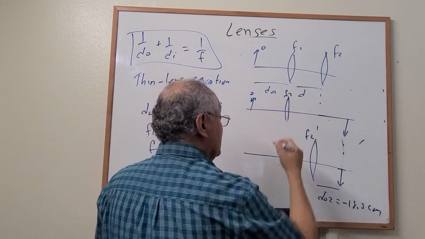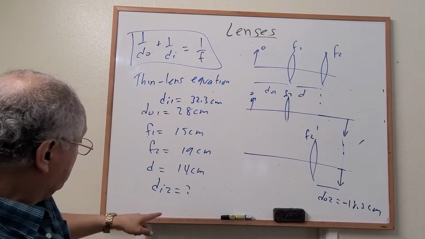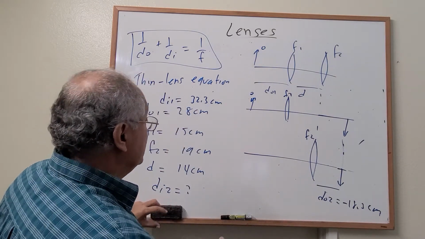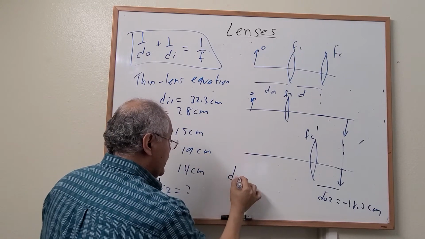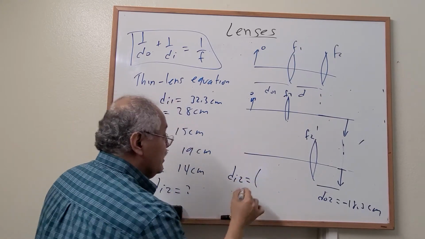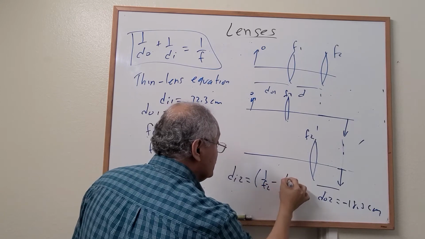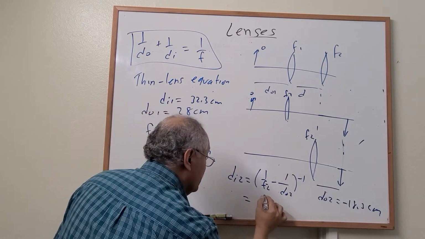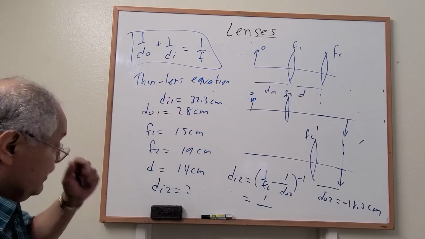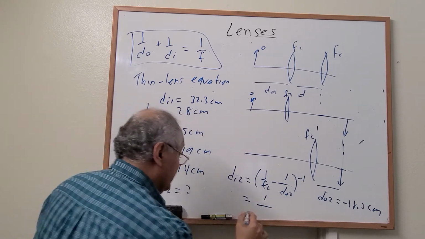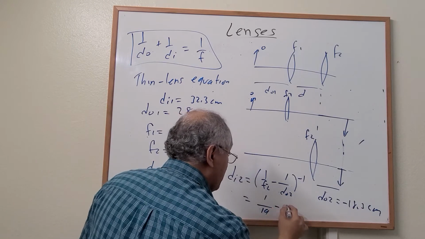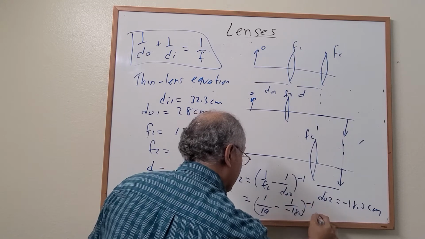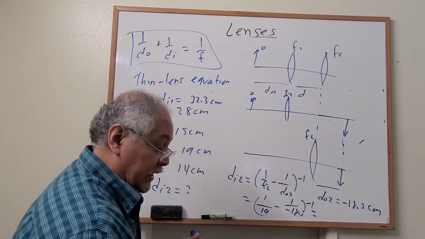Now, remember we're looking for di2. di2 equals 1 over F2 minus 1 over dO2, inverse. So it equals 1 over 19, F2 in this case, minus 1 over negative 18.3, inverse.